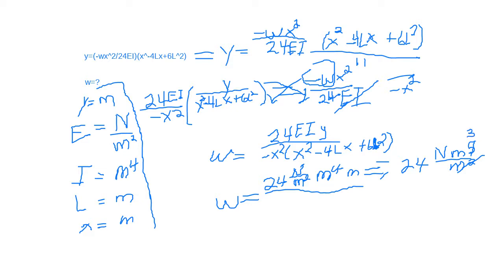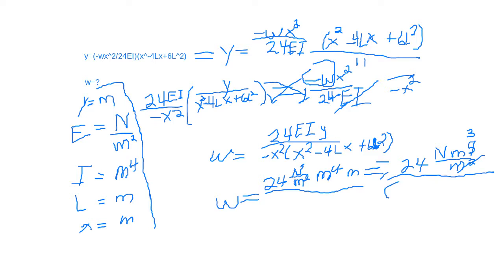All right, so you got 24 newton meters cubed, and that's all over. Just moving everything over, we're going to plug in for all of these guys down here, and all of these should be meters. So since I got x squared times that times that, let's just distribute.